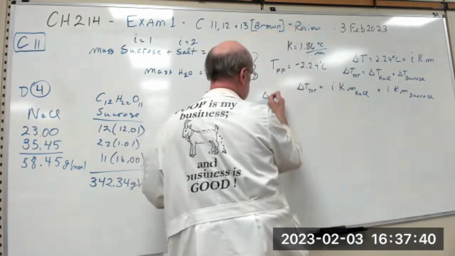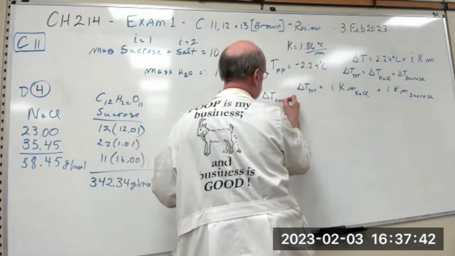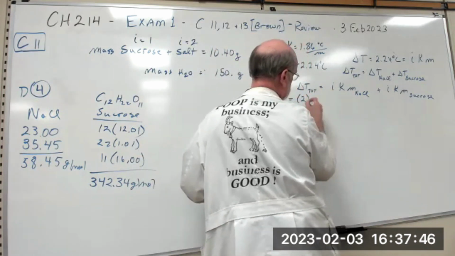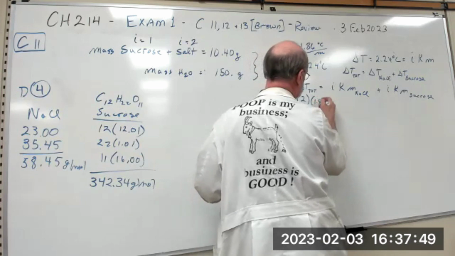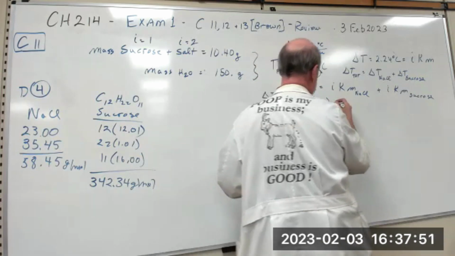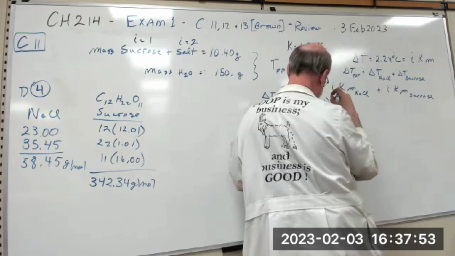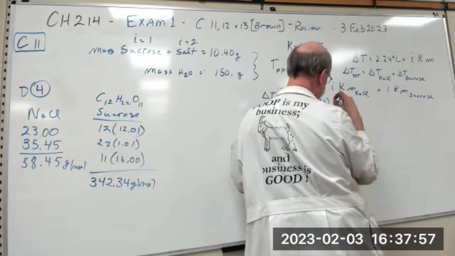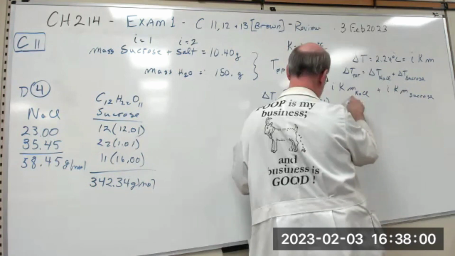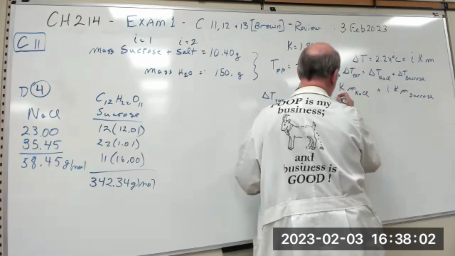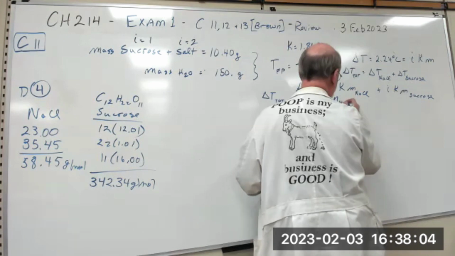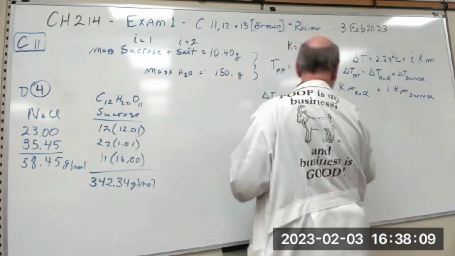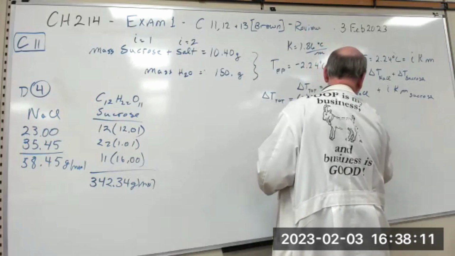So if we expand this, then we got for sodium chloride, that value is 2 for i, and then 1.86. I'm going to leave the units out. And then this molality is the moles of sodium chloride per 0.150 kilograms.